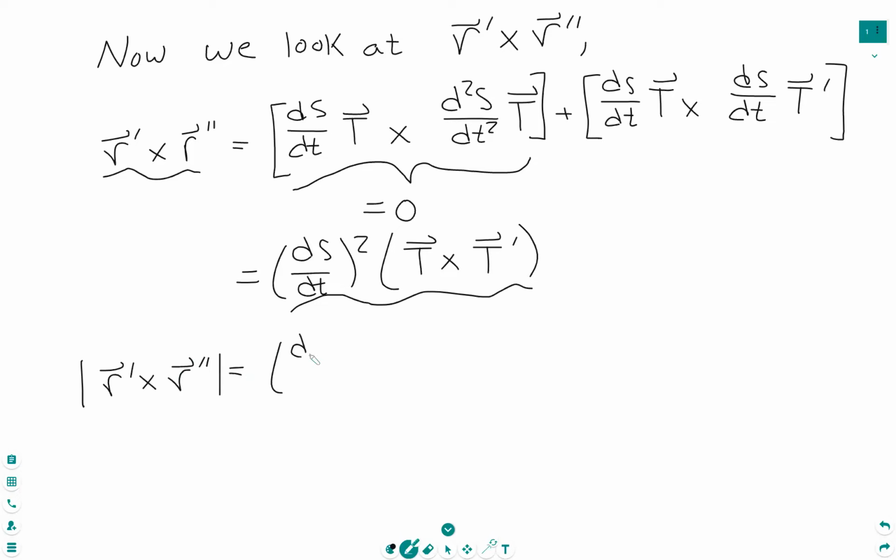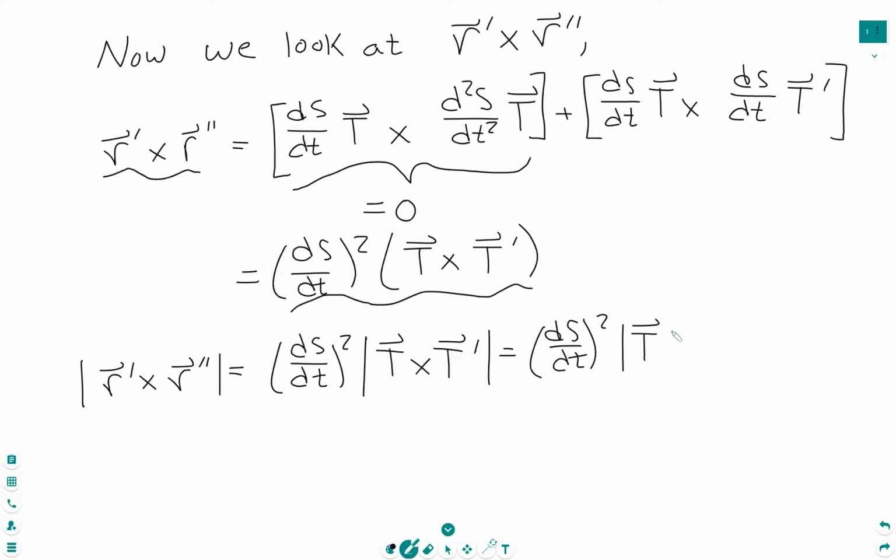It will be (ds/dt) squared, so this is always a positive quantity, times the magnitude of the unit tangent crossed with the derivative of the unit tangent. Well, using the properties of the cross product, specifically the magnitude of the cross product, we can break this into the magnitude of T, the magnitude of T prime, times sine of theta.